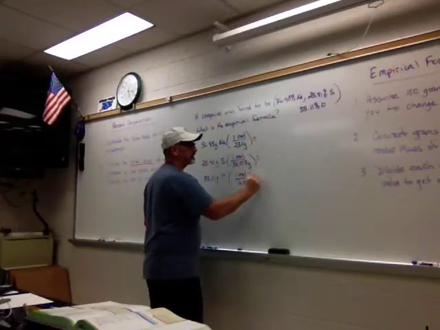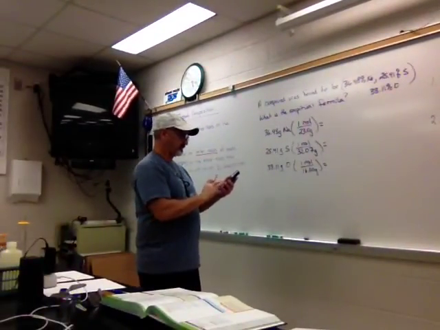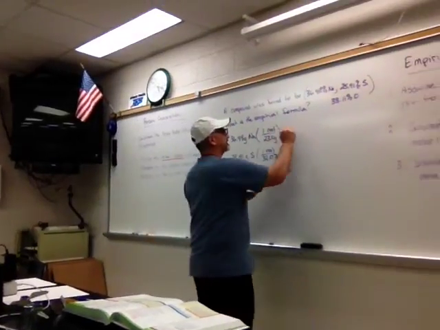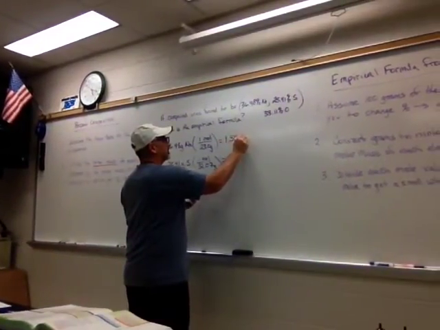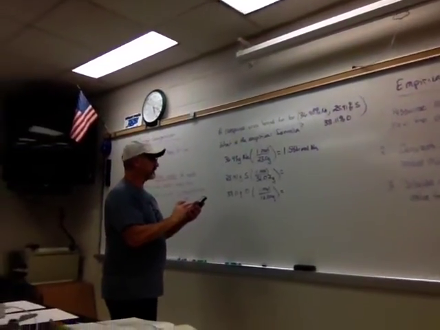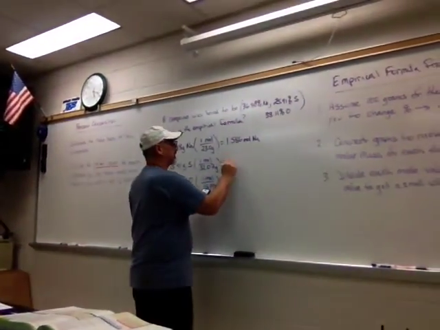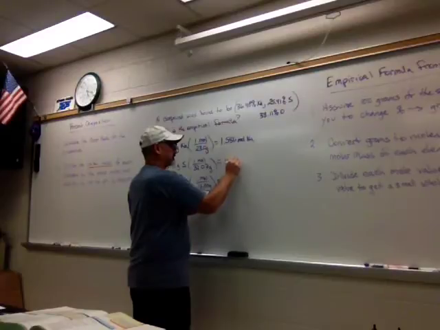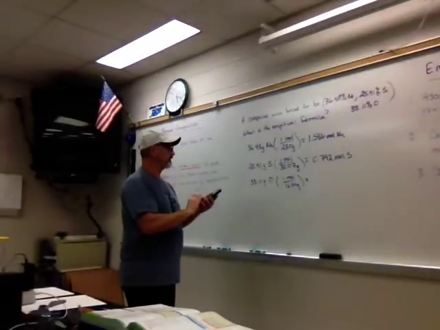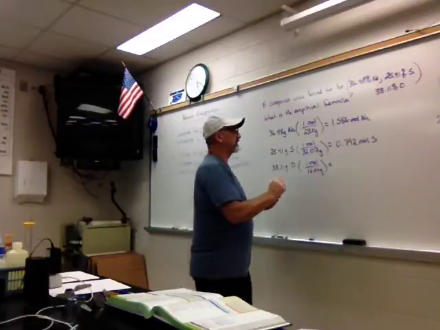Then we just figure out what each one of those is. 36.48 divided by 23 gives 1.586 moles of Na. 25.41 divided by 32.07 gives 0.792 moles of sulfur. And 38.11 divided by 16 is equal to 2.382 moles of oxygen.